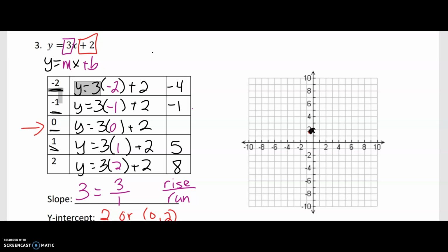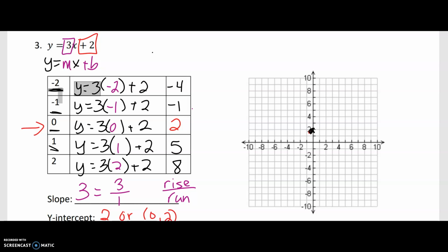Remember what we said, the x value is equal to 0 on the y-axis. So that's where we're crossing our y-axis. That's where we get our y-intercept from. And notice how when I plug in the 0 for the x, 3 times 0 is 0, plus 2 gives me 2.